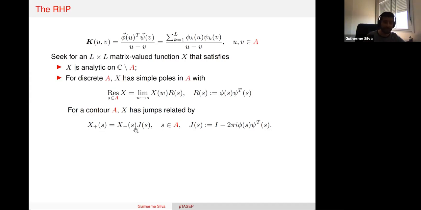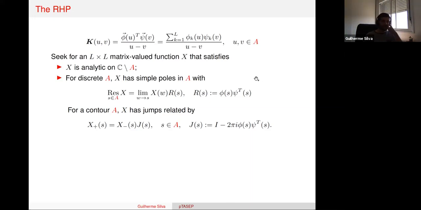X plus should be equal to X minus times J, which is what they call the jump matrix J. And this jump matrix is computed in a very similar way as the residue matrix, except that now you have the identity minus phi psi transpose. They're almost the same. And again, the jump matrix is the one that connects back to the operator that we started with.